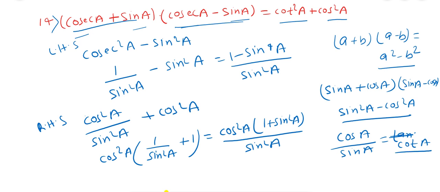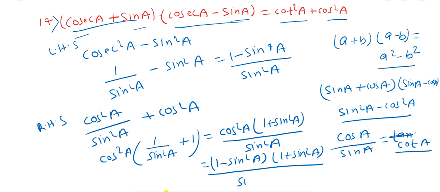Is it fine? Now this cos square A I will convert into sine square A, that is 1 minus sine square A, times 1 plus sine square A, divided by sine square A. We have done this.